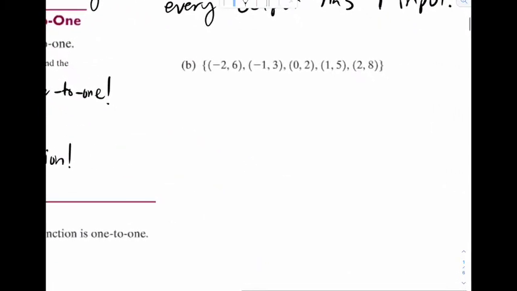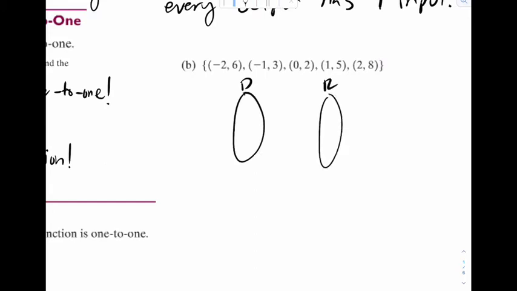So if you have an example like B, you can organize it a little bit differently. You can kind of do these circles right here. -2, -1, 0, 1, 2, 6, 3, 2, 5, and 8.